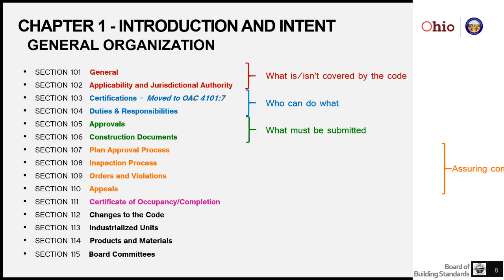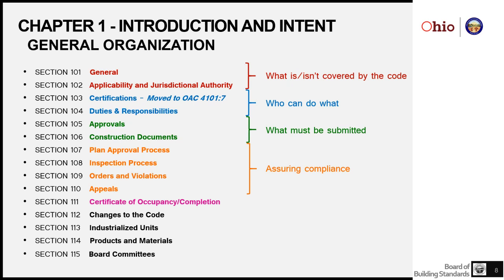The next group is all about assuring compliance. It's about taking those submitted documents and making sure that it goes through a process of plan approval, inspections, to get a certificate of occupancy, which is ultimately the owner's goal, and we want to help them get there.